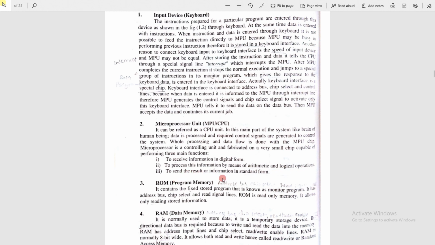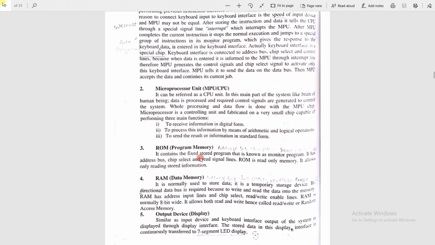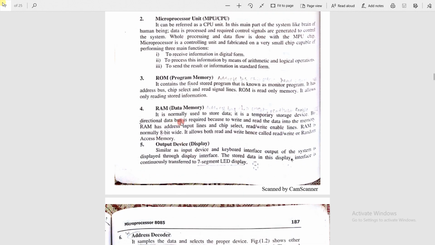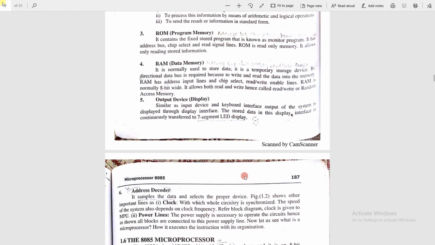ROM is program memory, RAM is data memory, output device is display. 7-segment display means 7 LEDs display, a 7-segment LED display.